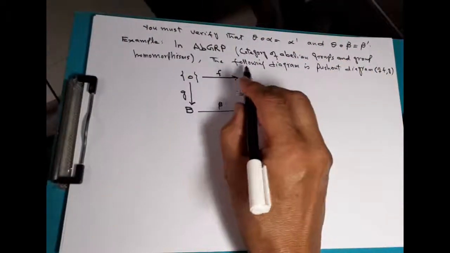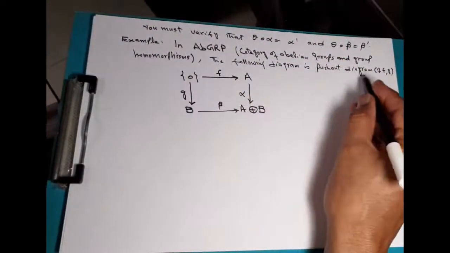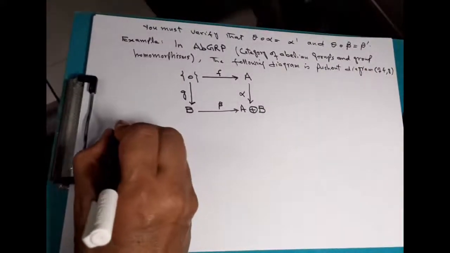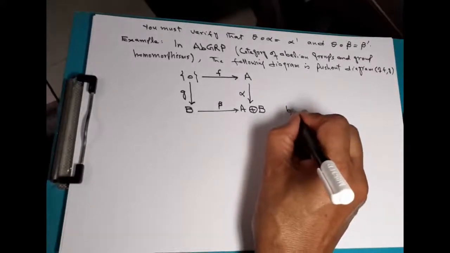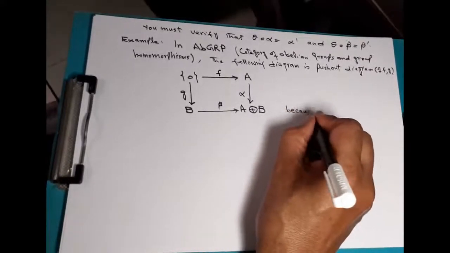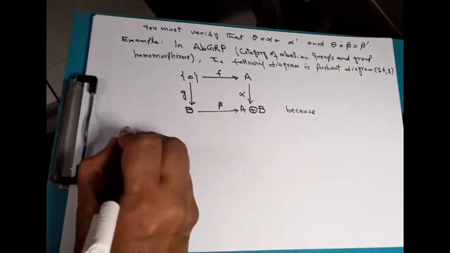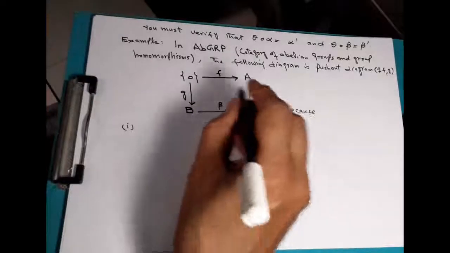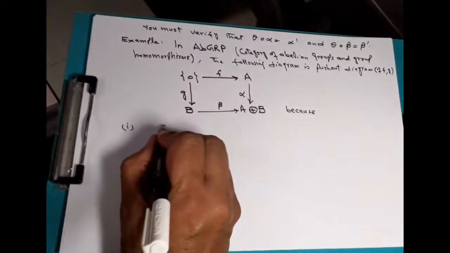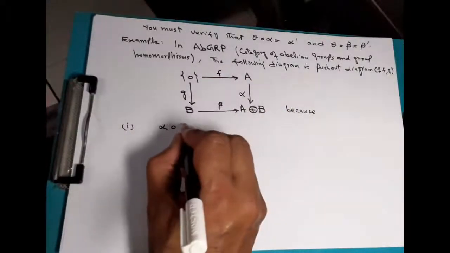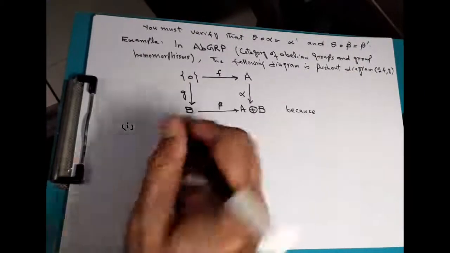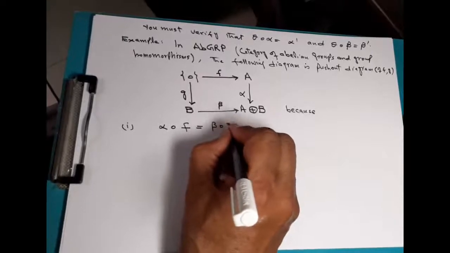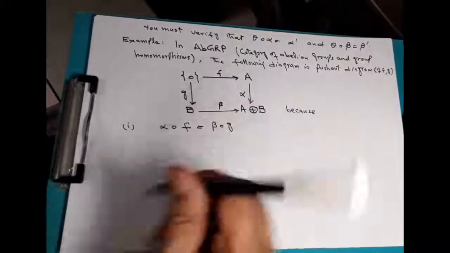So the following diagram is a pushout diagram, and now we are going to give the reasons. First of all, you can very easily see that if we compose alpha with F and we compose beta with G, these two are going to be equal.